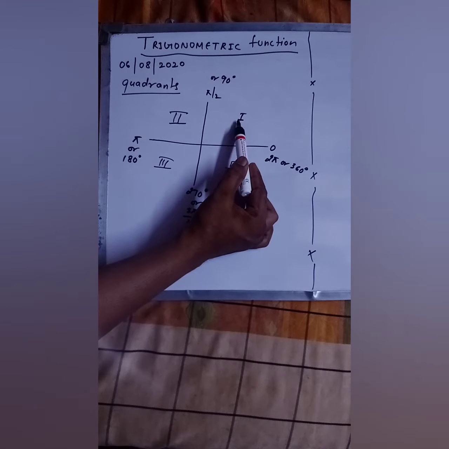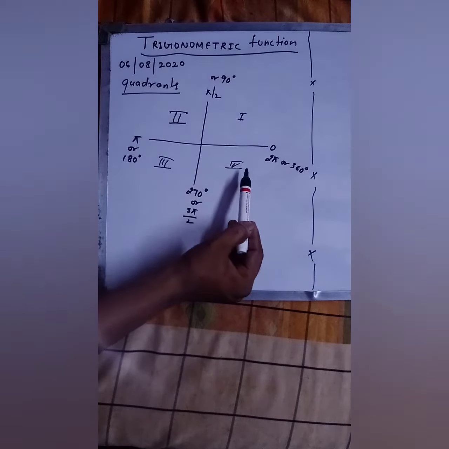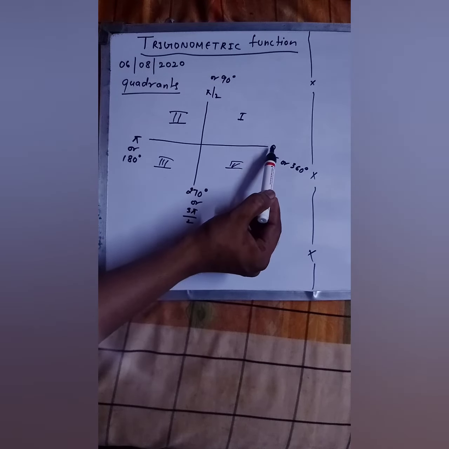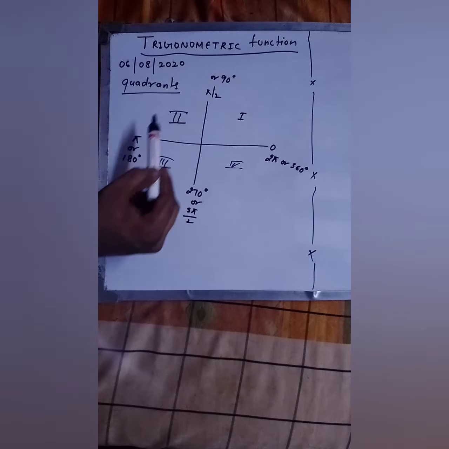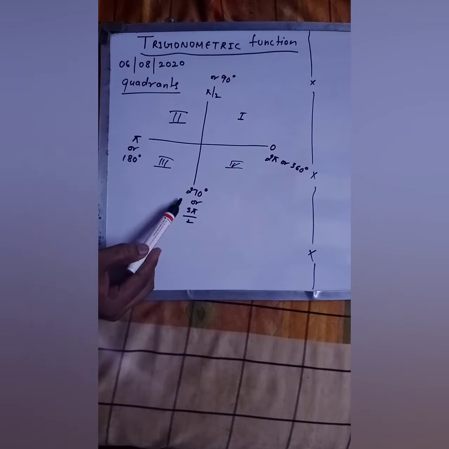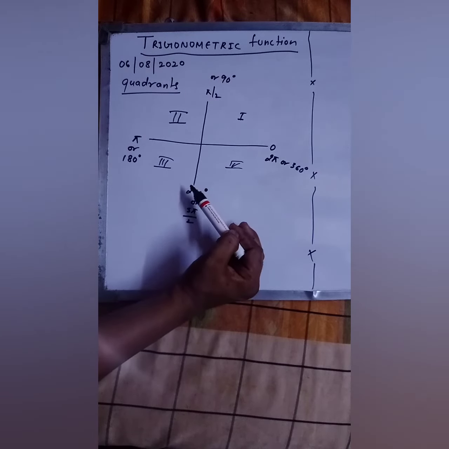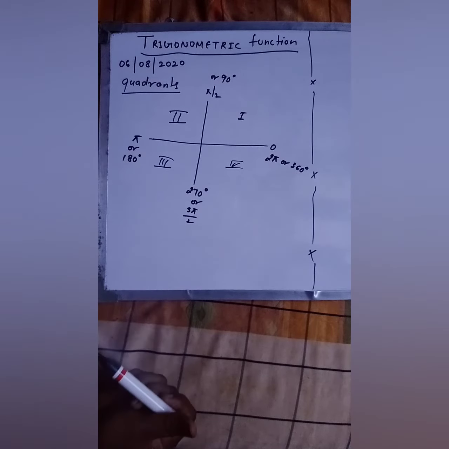So this is your first quadrant, this is your second quadrant, this is your third quadrant, this is your fourth quadrant. First quadrant lies between 0 and 90. Second quadrant lies between 90 and 180. Third quadrant lies between 180 and 270, and fourth quadrant will lie between 270 and 360. Got it?